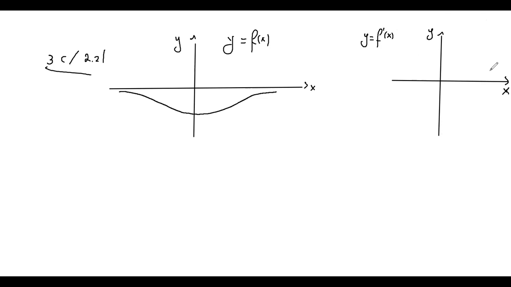So let's figure it out. Now what happens over here when I go to the leftmost? I'm going to change the colors here just to be more visible. So the derivative is fairly close to being 0 or horizontal, the slope of a tangent line.